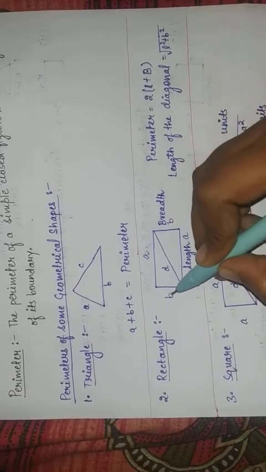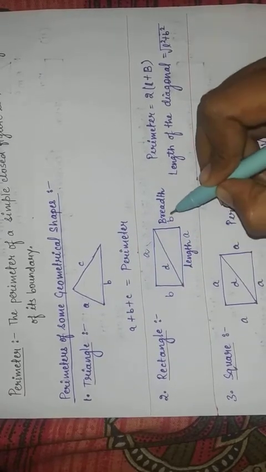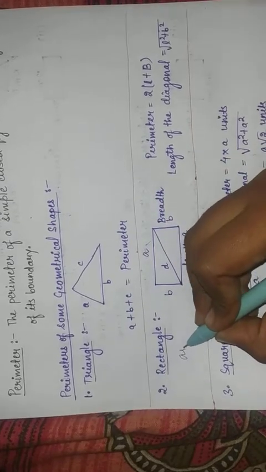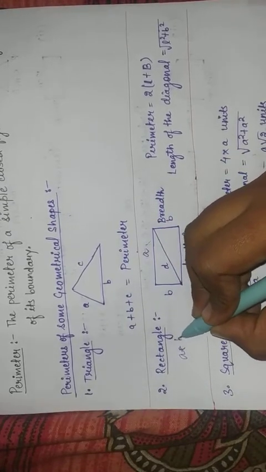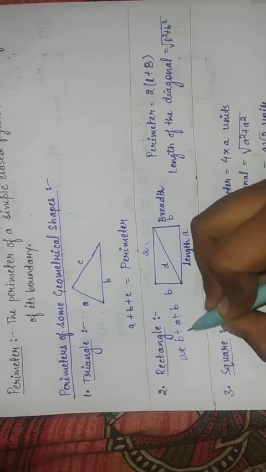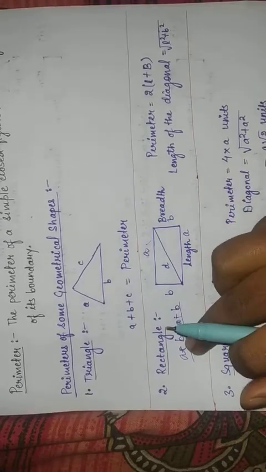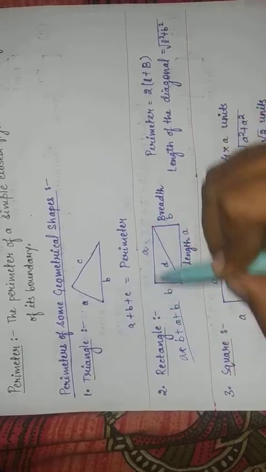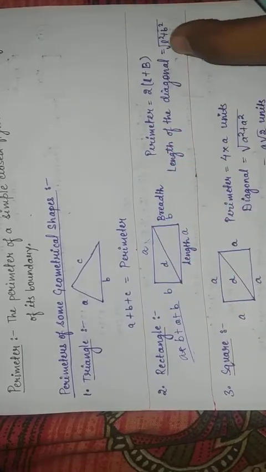So A plus B plus A plus B. If we add these four sides, we will get the perimeter of a rectangle.